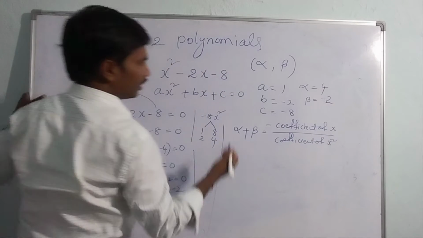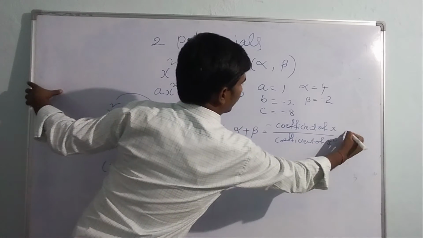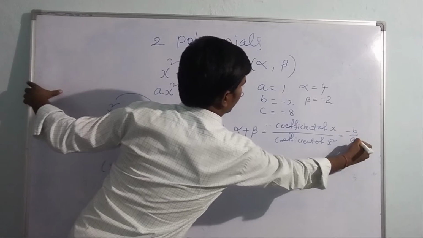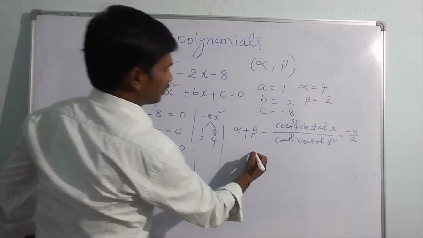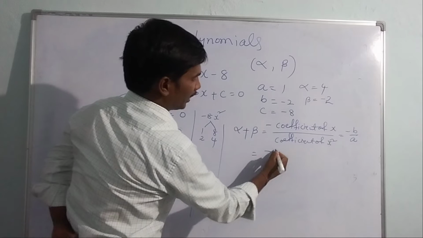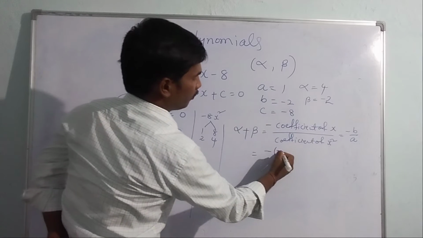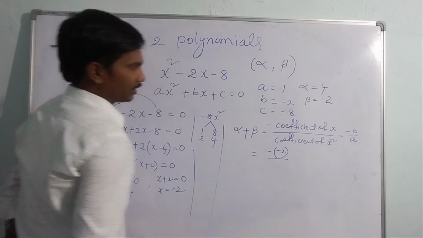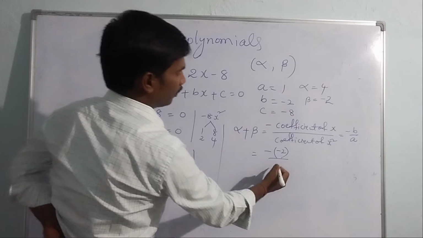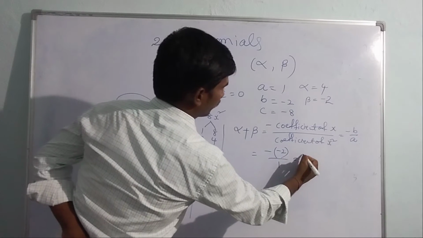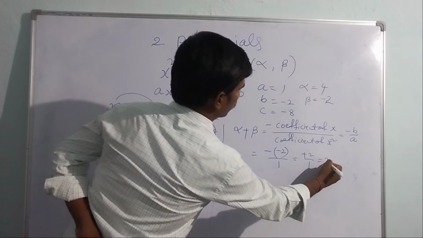It means minus b by a. What is the minus b here? Already minus is there, so minus b value is minus 2, so minus 2 by a value 1. So minus into minus is plus, 2 by 1 is equal to 2.